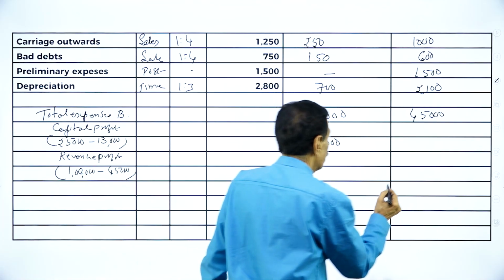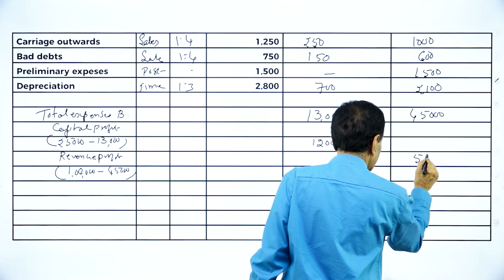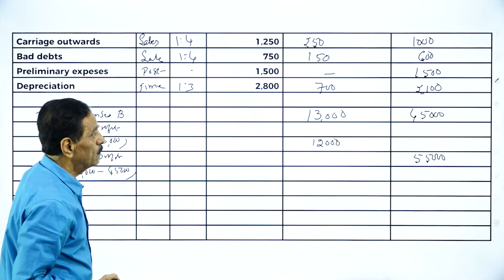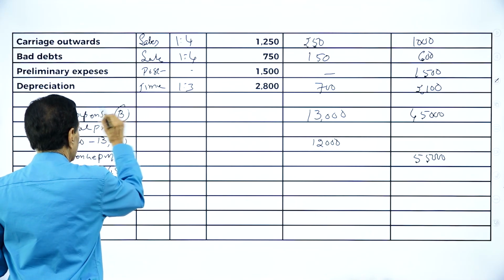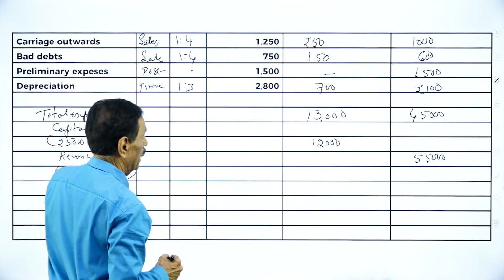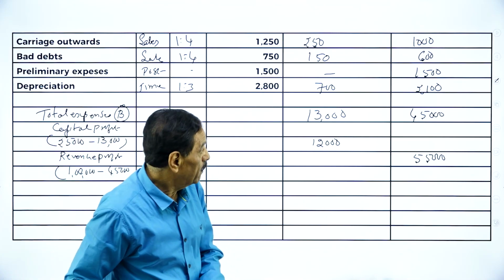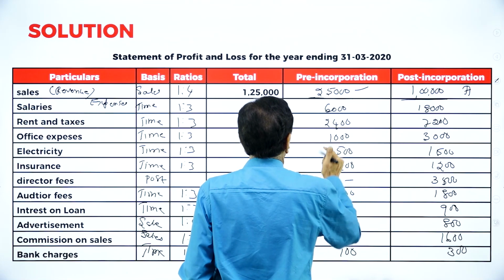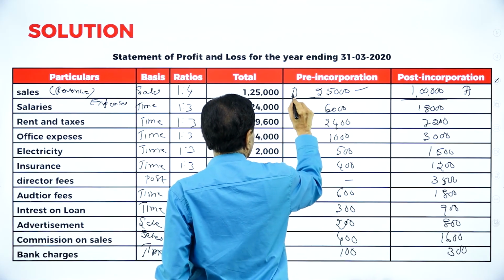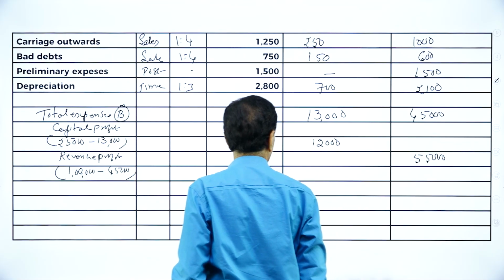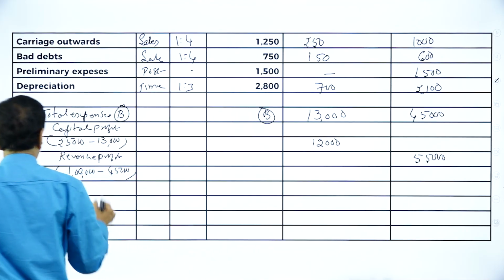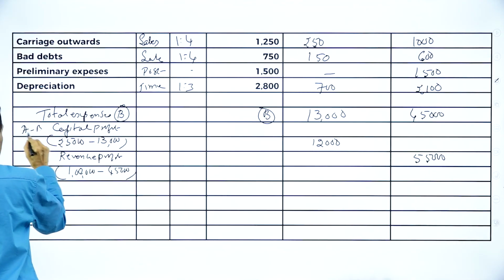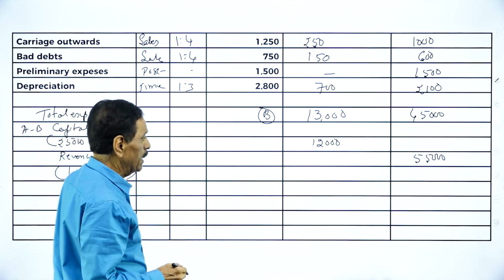It will come to 55,000. So your expenditure, you call this as B. Capital profit is A minus B. Your revenue is 25,000, you call this as A, and this as B. A minus B, 25 minus 13 is 12,000.